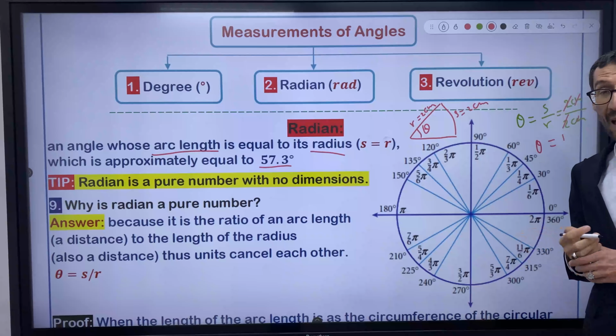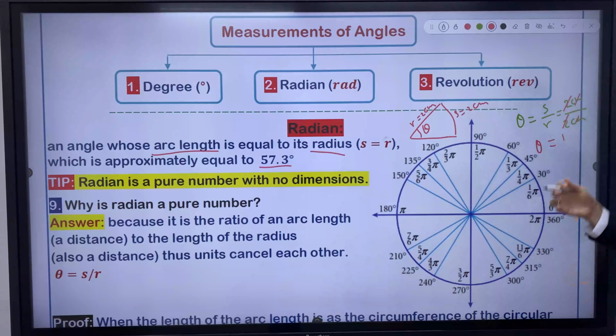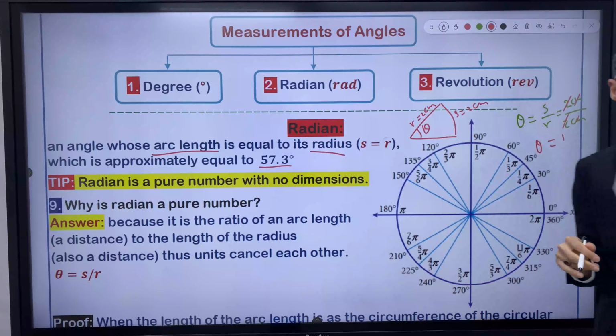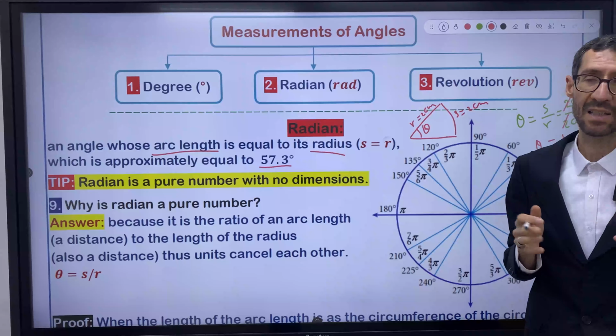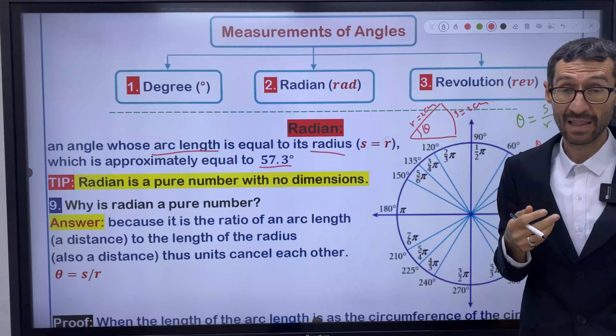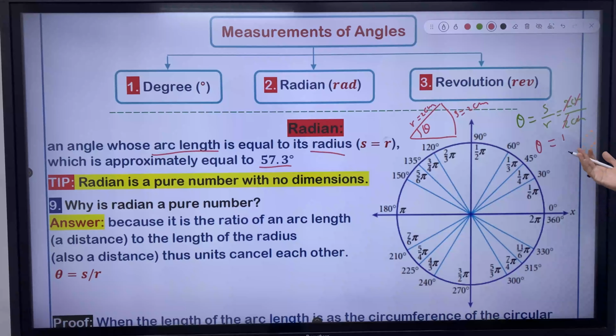Actually, in physics, if the units cancel one another, we say that this quantity is unitless. And we say this as well for radian. You say radian is unitless, but in SI we use rad.